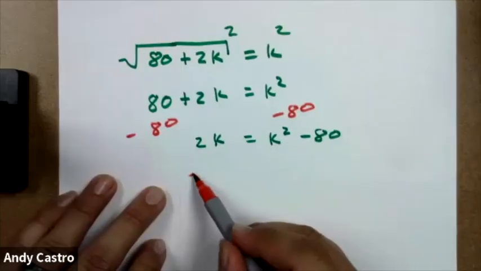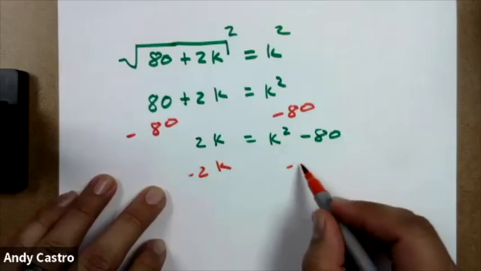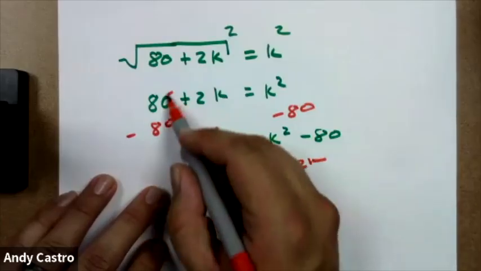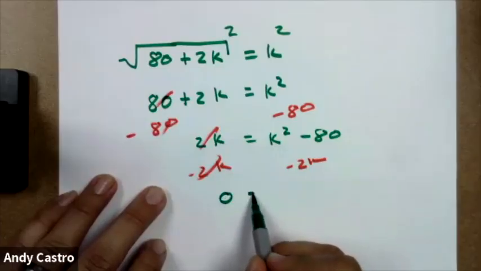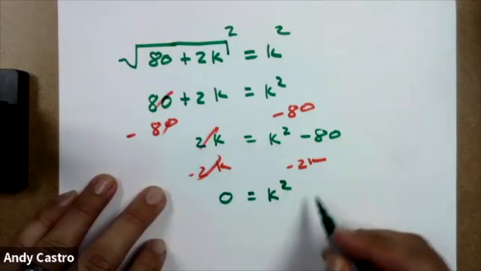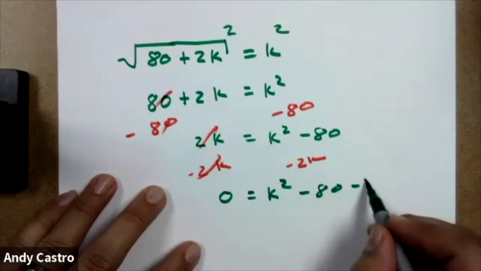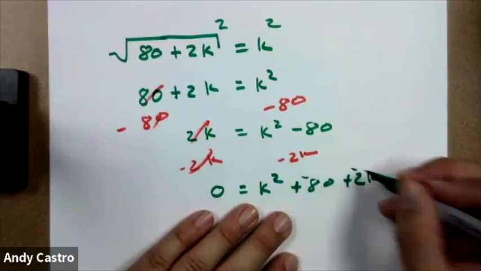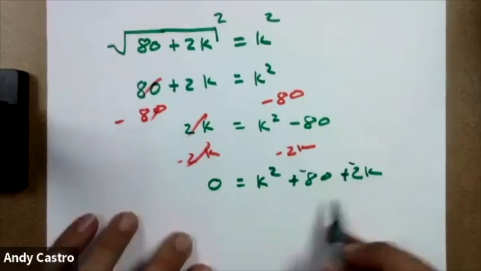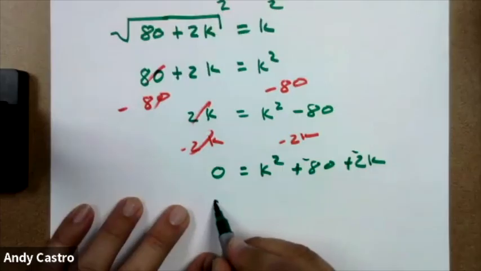And I'm going to subtract the 2k from both sides. And I'm left with 0 on the left. k squared minus 80 minus 2k. If I change these to positive and negatives, I can add things in any order I want.